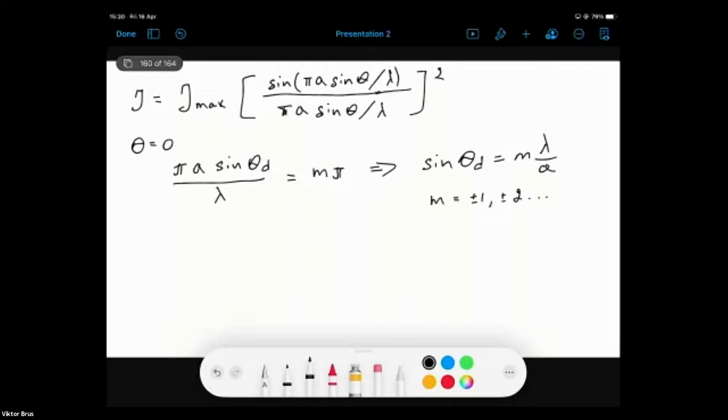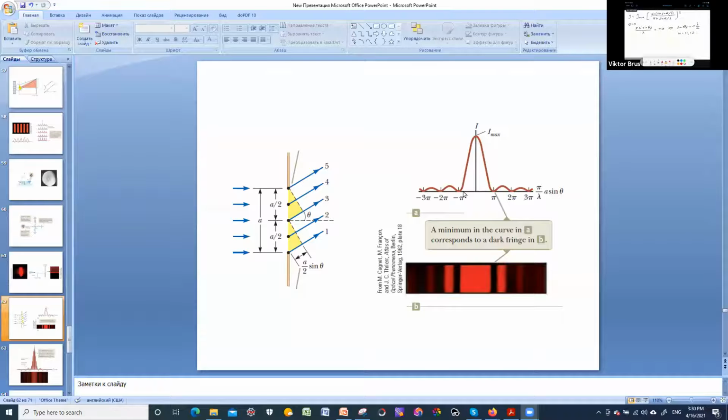One more time we share the screen. If we take into account this light distribution, which is described by the given equation, and plot this light intensity versus pi over lambda times a sine theta, so it's some spatial distribution, then we see that most of the light intensity is concentrated in the central peak.